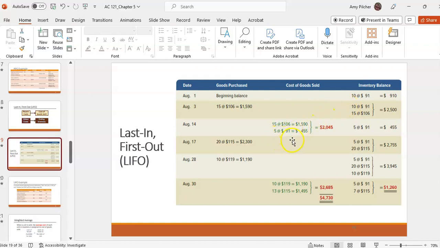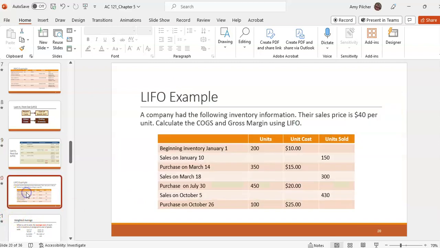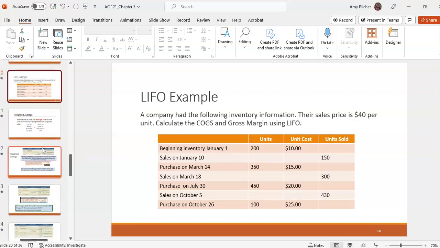Okay. Then we buy 20 more at 115 and 10 more at 119. Then when we sell 23 at the end of the month, we use the last cost first. Okay. This LIFO example, I'm actually going to skip. I have examples in the example video that you can look at for what LIFO looks like.